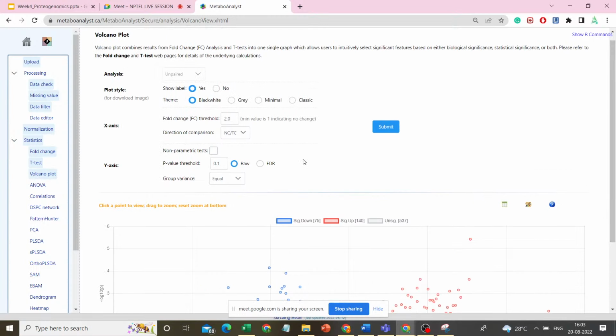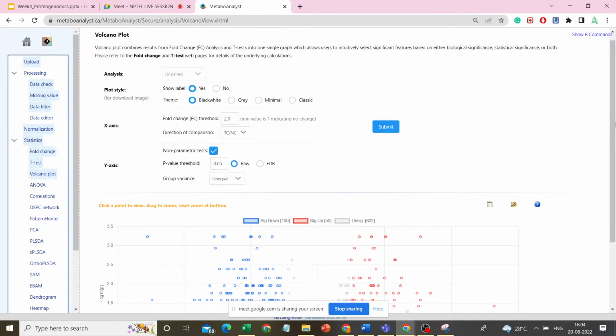Here you need to find out what fold change you want to give. The direction of comparison is generally done as disease versus control and not control versus disease. So if we go for the non-parametric test, group variance unequal, and you submit it.